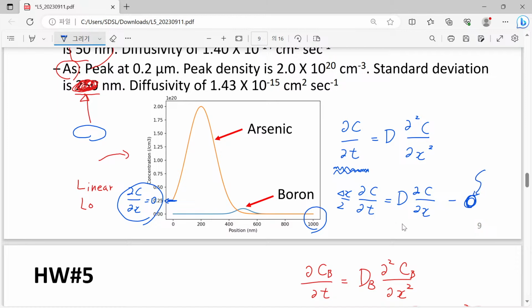So you can easily find that if we have this flux gradient, then that is balanced by the time derivative of our concentration. I mean that this is a kind of hardware, and particles, dopants are coming.